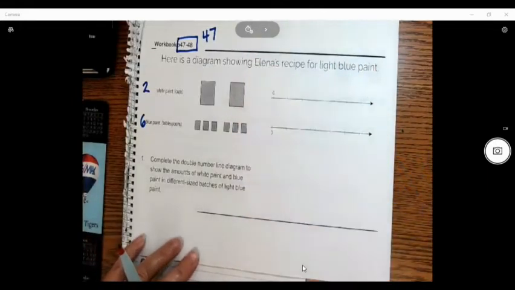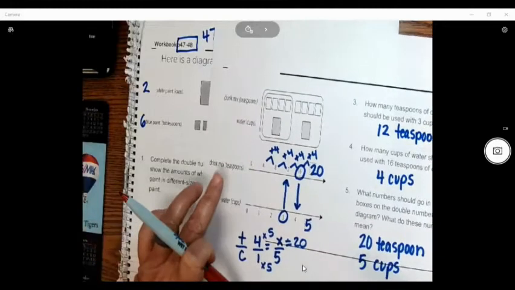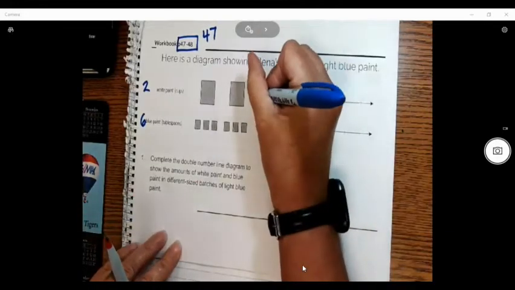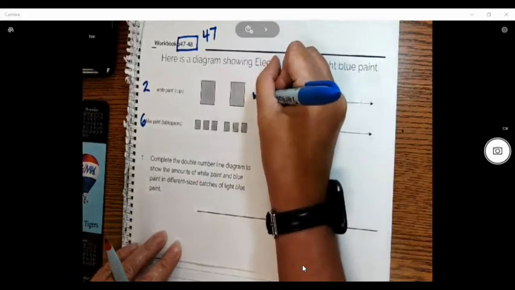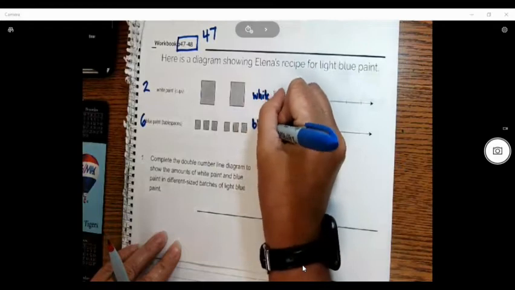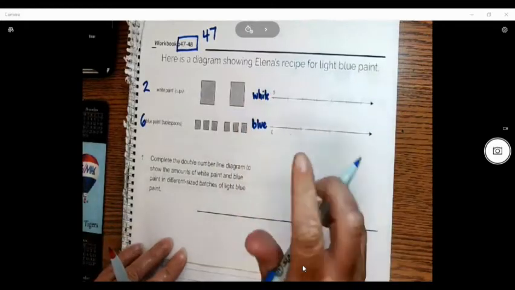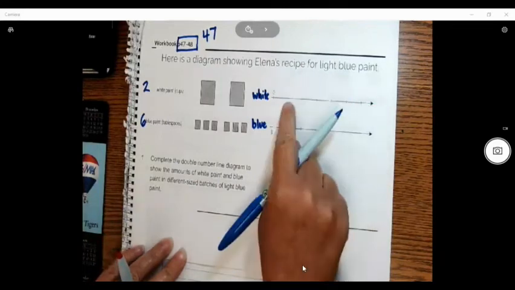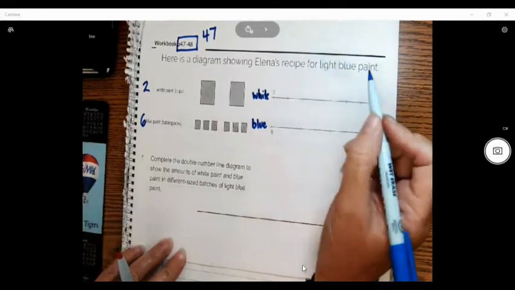And if we look back at our double number line diagram from here, they labeled it. So we're going to make this white and we're going to make this blue. And you want to start off with, hey, maybe we'll skip one and see if we can do it with 1 cup.